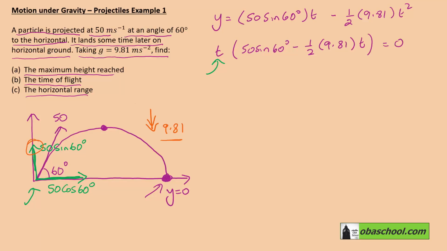So the t that we're interested in is what comes out of the bracket here. So we're going to have that t equals 50 sine 60 divided by a half of 9.81, and we can calculate that.